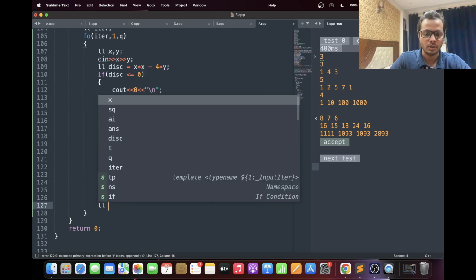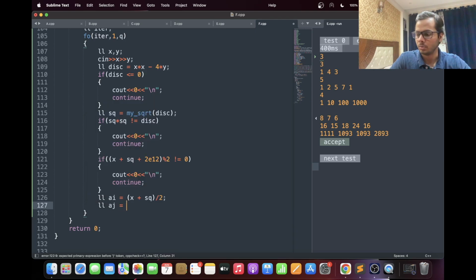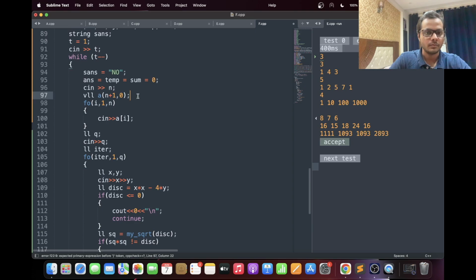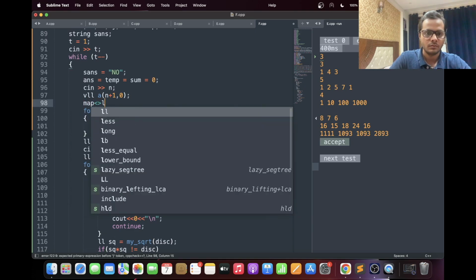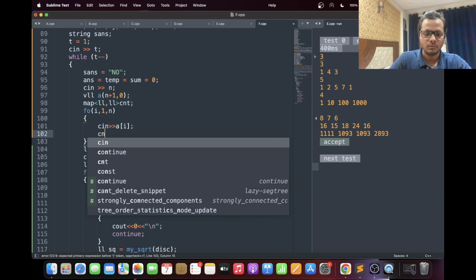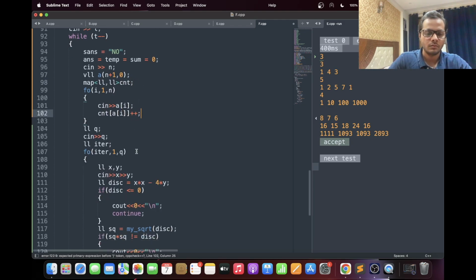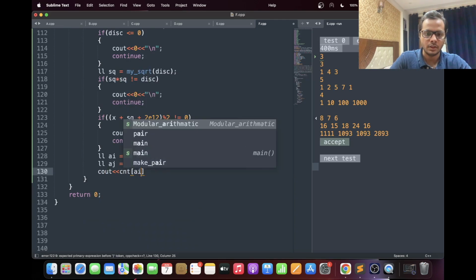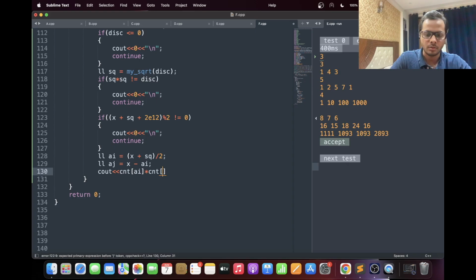Right, so aj is going to be what? y divided by ai, or x minus ai. So we can simply output count of ai multiplied by count of aj.